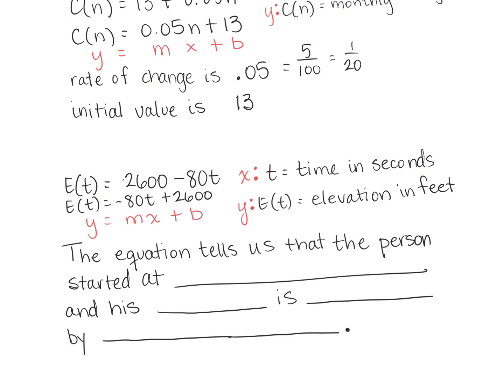And that's just to give me a reference point. So the equation tells us that the person started at an elevation of 2,600 feet.